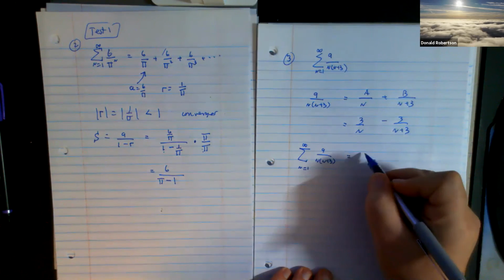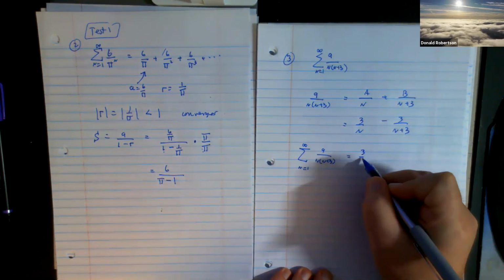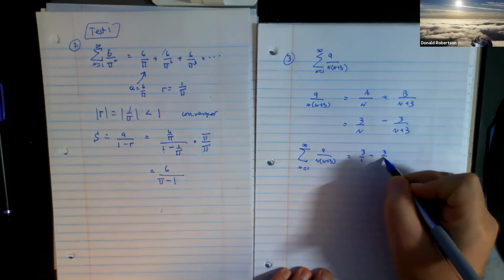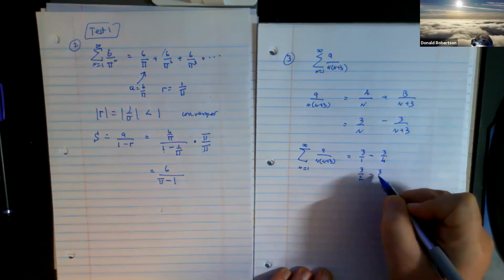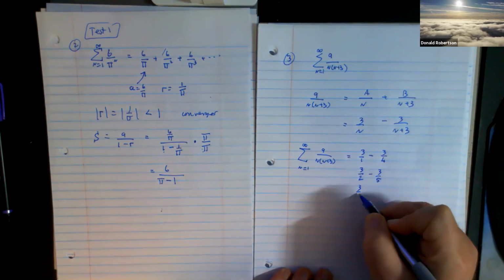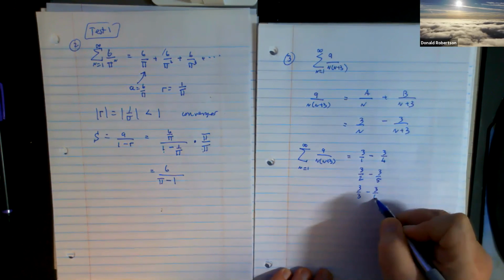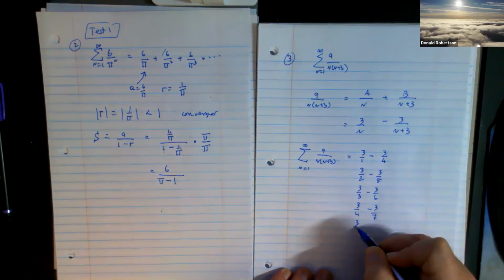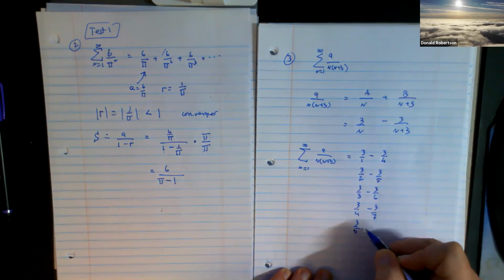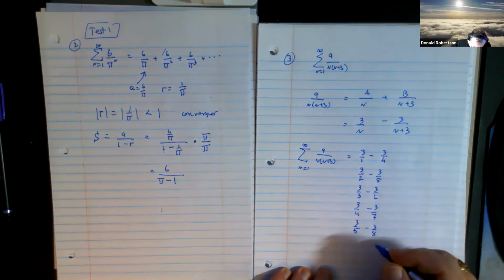So if I plug in 1, it's 3 over 1, take away 3 over 4. Then you plug in 2, then you plug in 3, then you plug in 4, and then you plug in 5. I think I've got enough here. Dot, dot, dot.